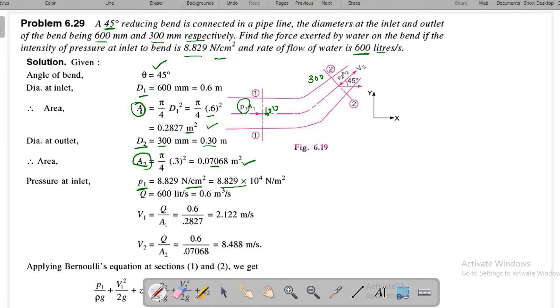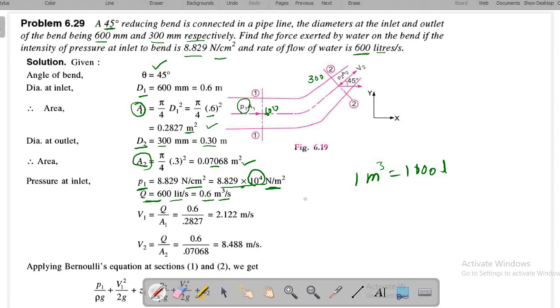I am converting it into Newton per meter square, so I am multiplying by 10 to the power 4. And the discharge is given as 600 liters per second. Divide it by 1000 to get meter cube per second, because 1 meter cube equals 1000 liters. So if I want to convert liter into meter cube, I need to divide by 1000. So this is what we got for Q.